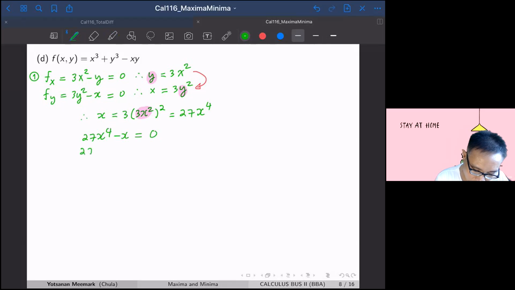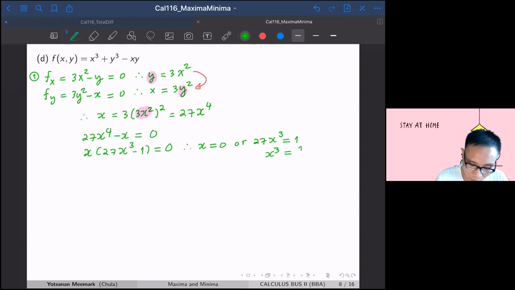So you get 27 x cubed. You're gonna pull out x, so it's gonna be x times (27 x cubed minus 1) equal to 0. From here, you would conclude that x equal to 0, or you have 27 x cubed equal to 1, and x cubed equal to 1 over 27.